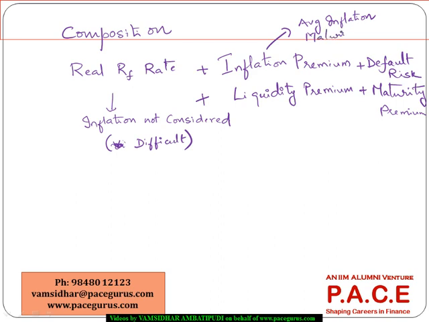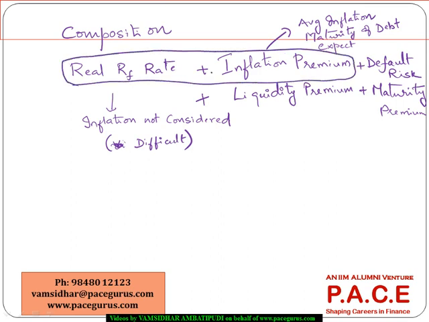So if the debt is a 3-month debt or a 6-month debt or a 5-year loan, whatever it is, during the maturity of that, whatever is the average inflation that we are going to expect during that particular period, that is what is being added to the real risk-free rate, and only this much alone is called the nominal risk-free rate. No other risks being added, no other premiums being added. We call that a nominal risk-free rate.